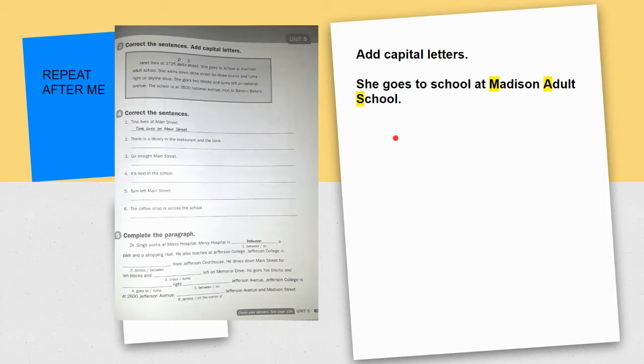The reason for that is because this is a specific name of a school, so that makes it a proper noun. This is a common noun, just school. It could be any school, but this is a specific school, Madison Adult School. And so that's a part of the name of the school. So because it's a part of the name, this S in School also gets a capital letter.